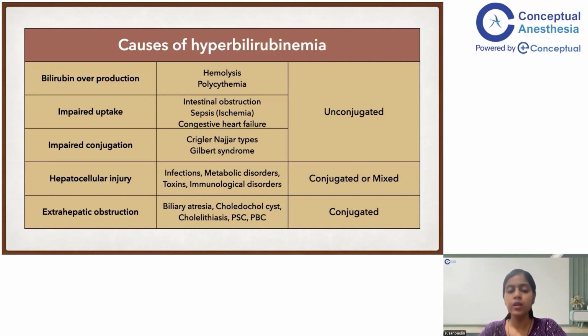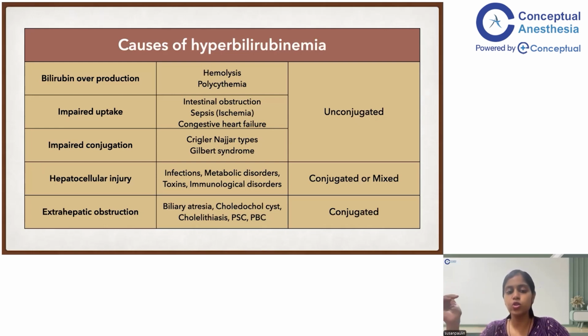Then comes the situations where there is hepatocellular injury due to infections, metabolic disorders, toxins, immunological disorders, which can cause damage to the hepatocytes, and this can result in a mixed picture. It can be either both unconjugated and conjugated, or a conjugated hyperbilirubinemia alone.